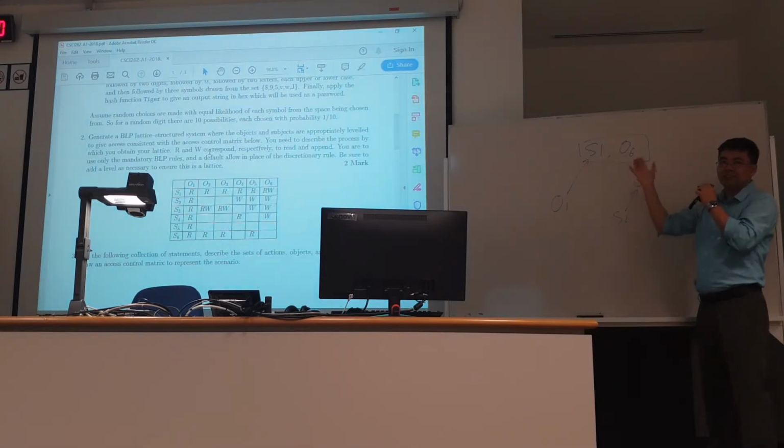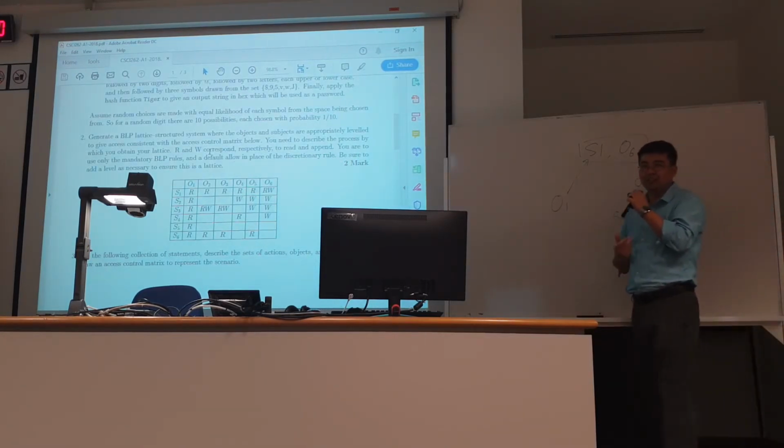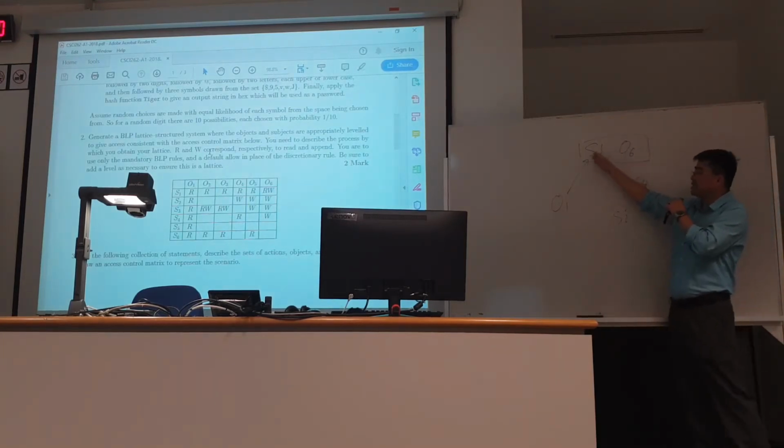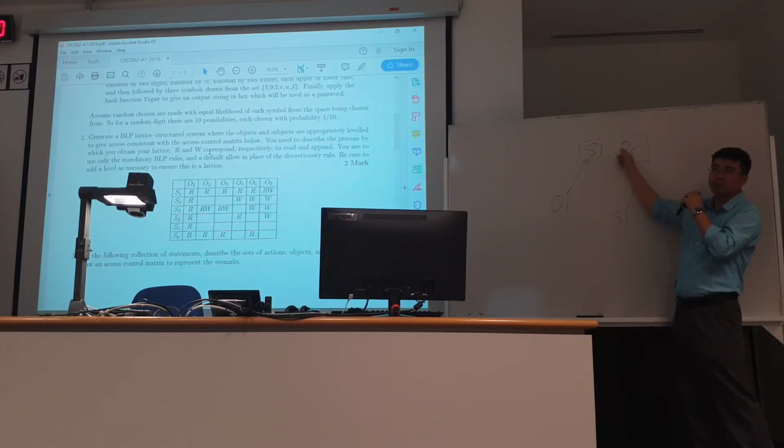If you find another object which has the same level as S1 or O6, you can put the object here as well, because they must have the same level.